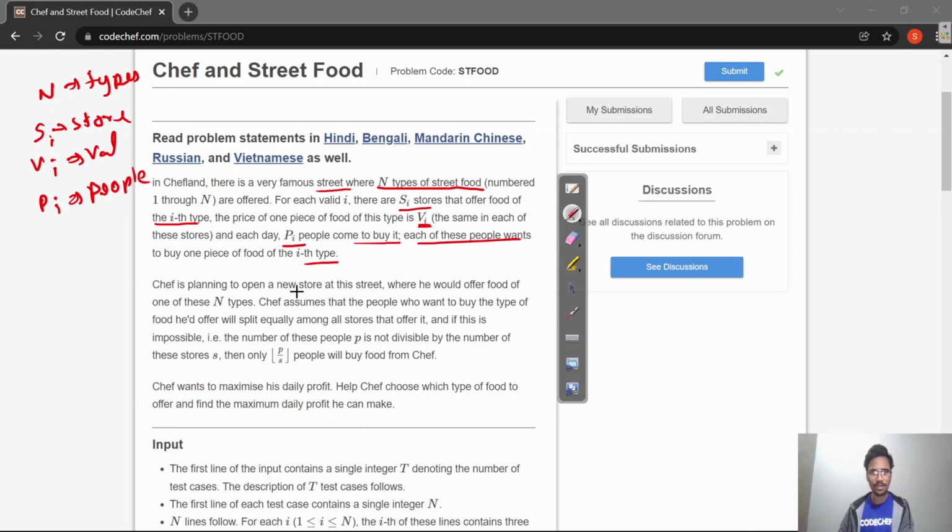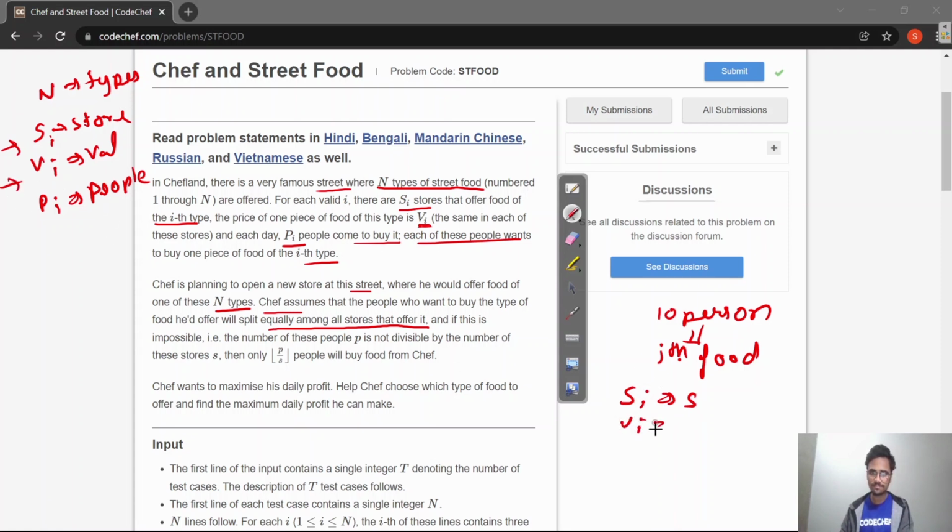Now Chef is planning to open a new store on this street where he would offer food of one of these n types. Chef assumes that the people who want to buy the type of food he has offered will split equally among all the stores that offer it. It means that if 10 persons come for that particular type of food, suppose Si gives us the number of stores. So suppose that there are S stores, and Vi is the cost of one item of food.